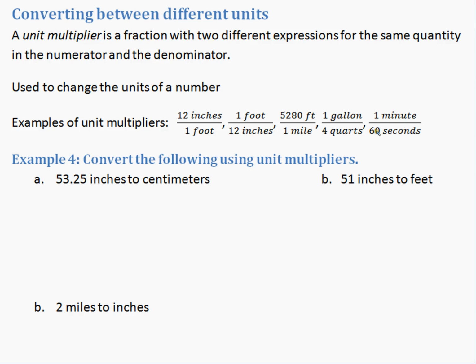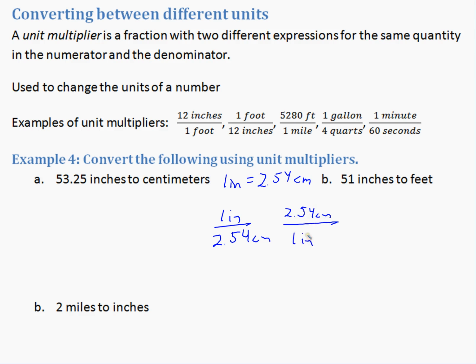We don't have inches to centimeters here, so I will tell you that there is 1 inch, or 1 inch is equal to 2.54 centimeters. And so you can use a fraction of either 1 inch over 2.54, or you can use 2.54 over 1 inch.